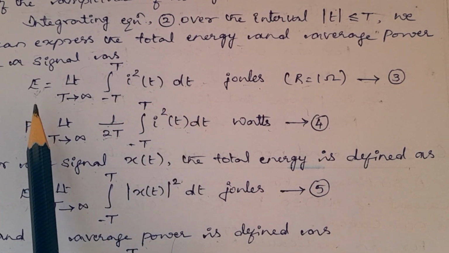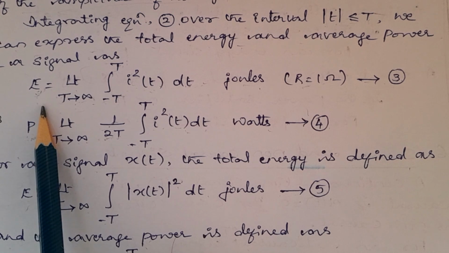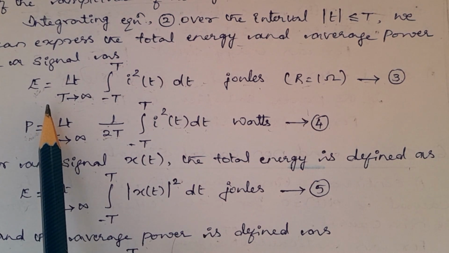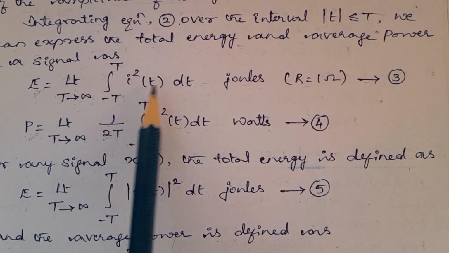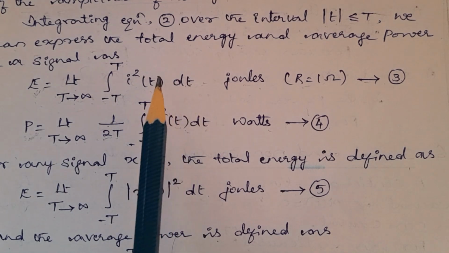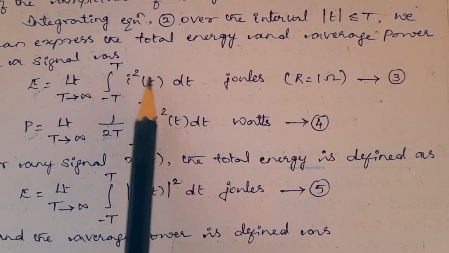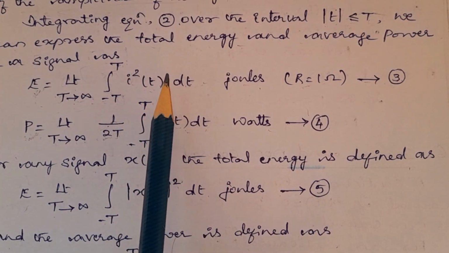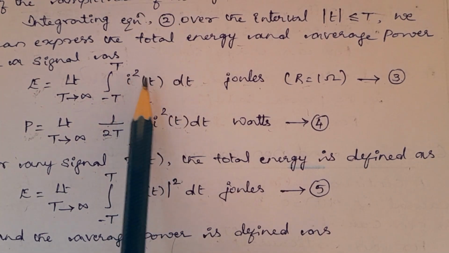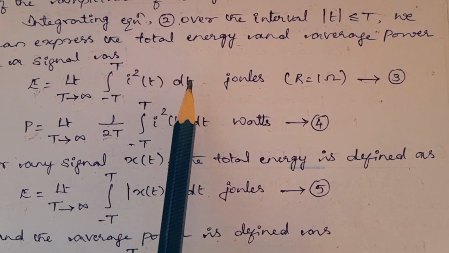We know the energy formula. Energy is nothing but the product of power and time. So here power becomes I square of t into R. If R equal to 1 ohm, then it is I square of t into t only.